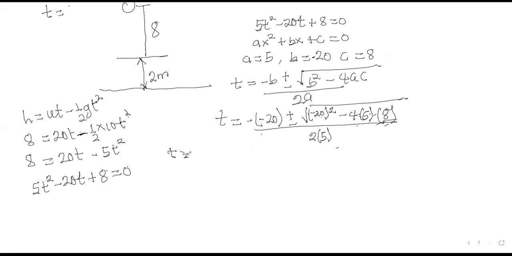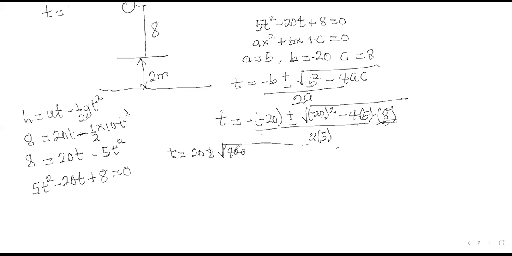We have T is equal to positive 20 plus or minus square root of 400.